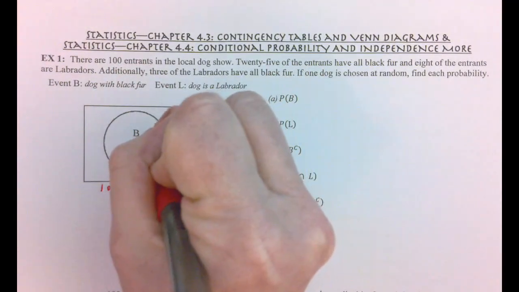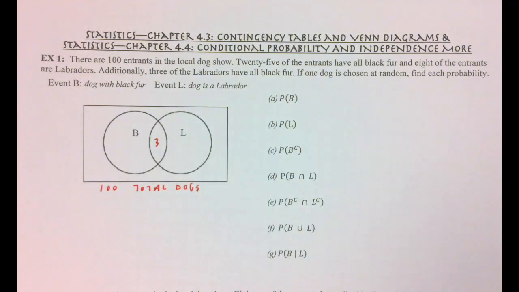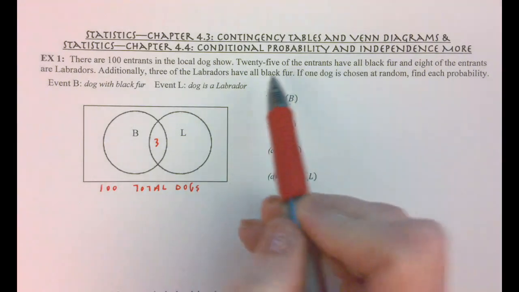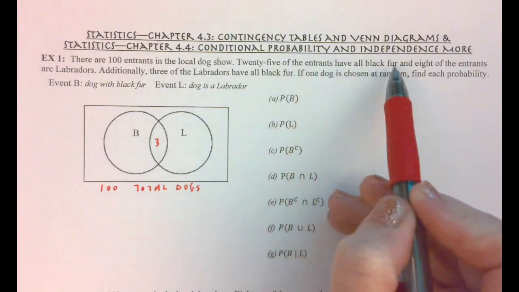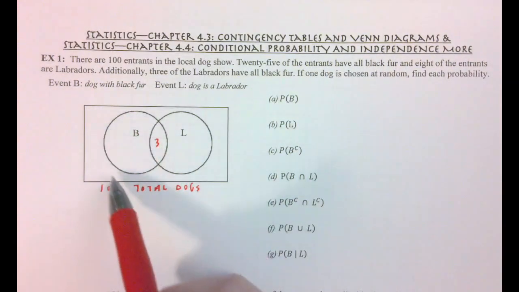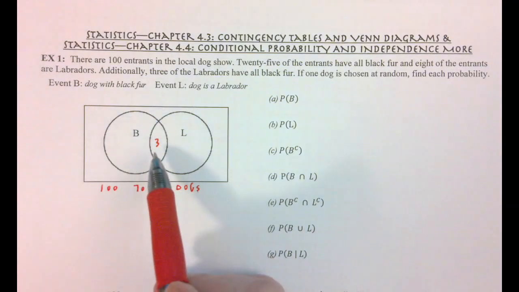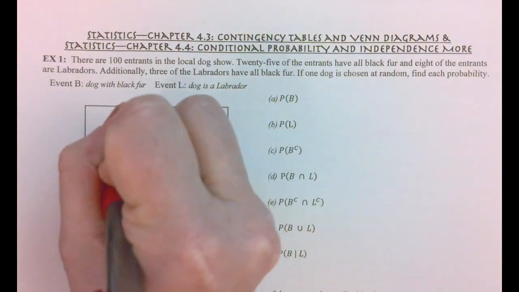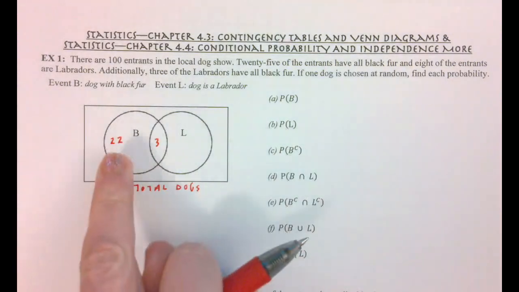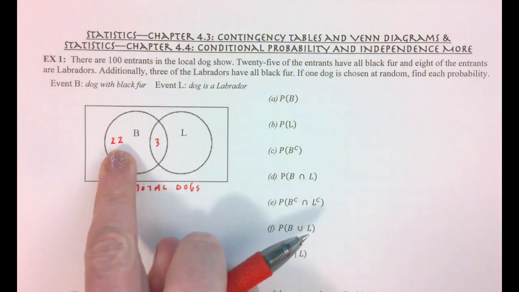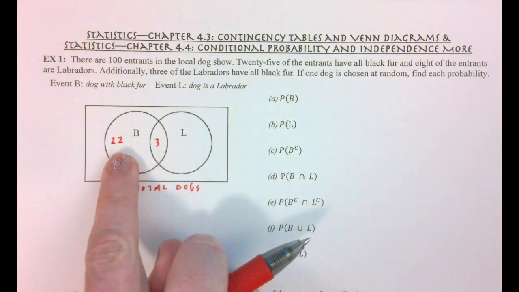So 3 dogs with black fur that are also labs. That's our overlap. We're also told that 25 have all black fur. So this entire circle needs to add up to 25. So 25 minus 3 must be 22. So I have 22 dogs that have black fur that are not labs.